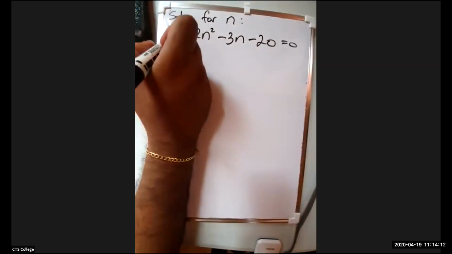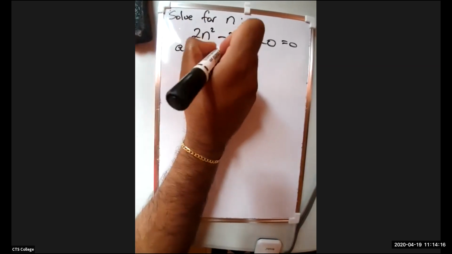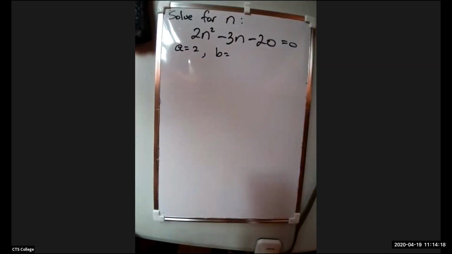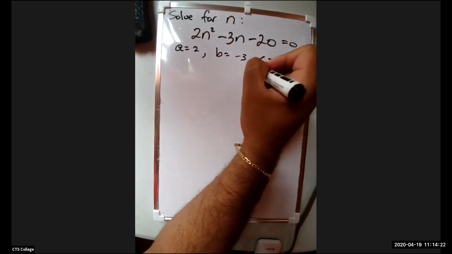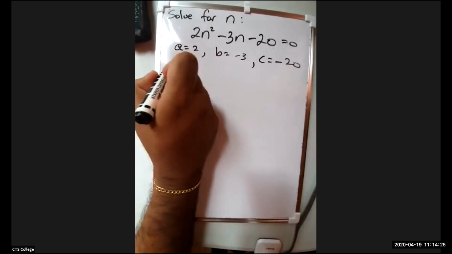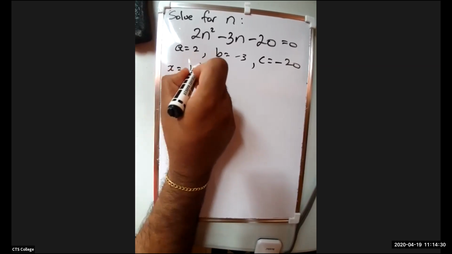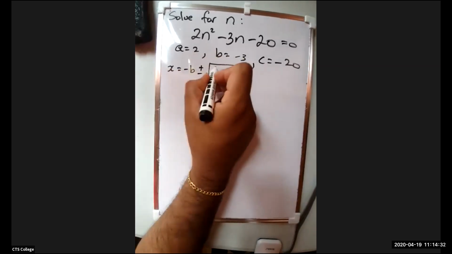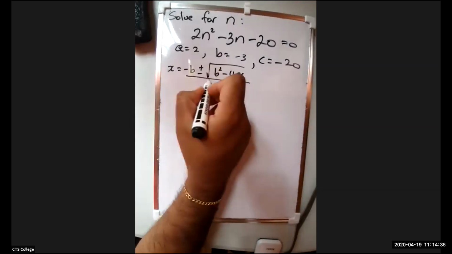Okay, so a is 2, b is -3, and c is -20. Okay, so x is equal to minus b plus or minus the square root of b squared minus 4ac all over 2a.